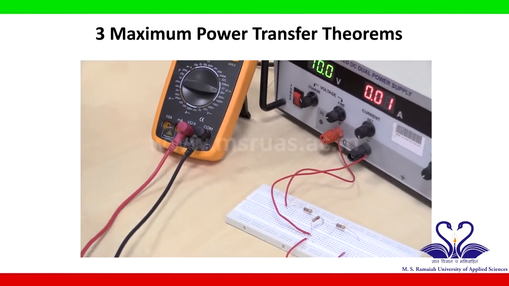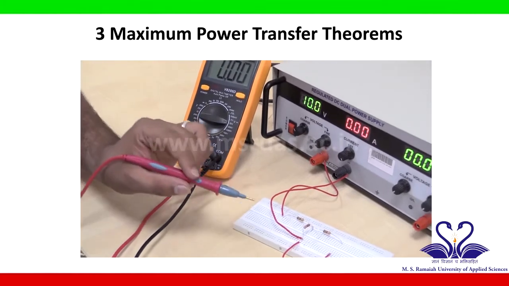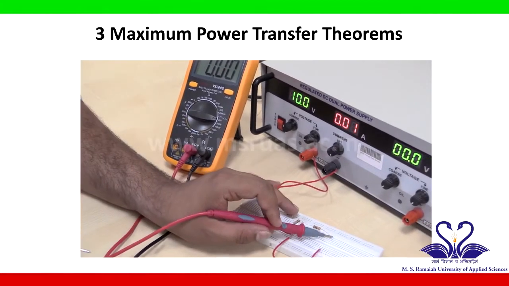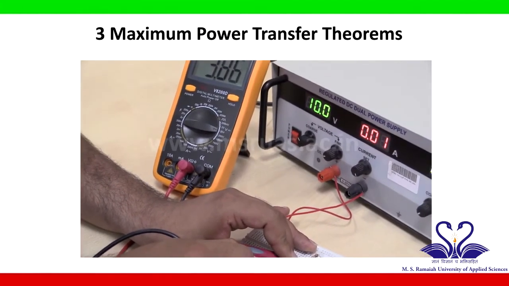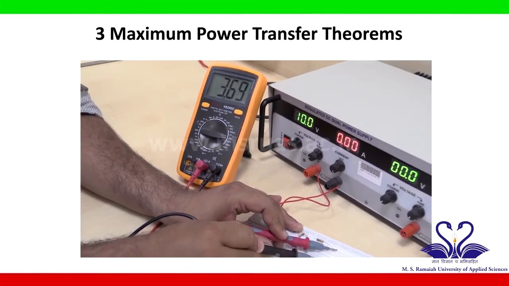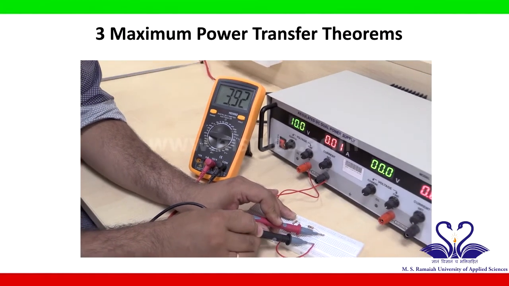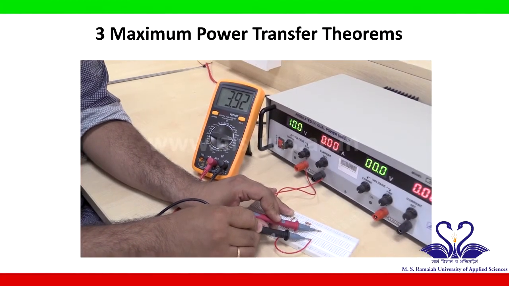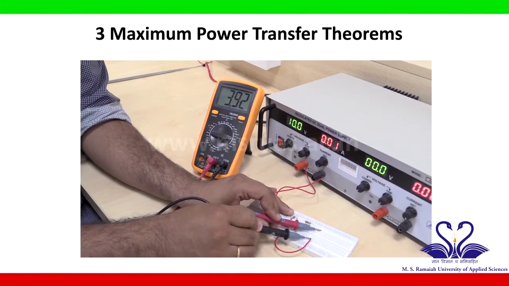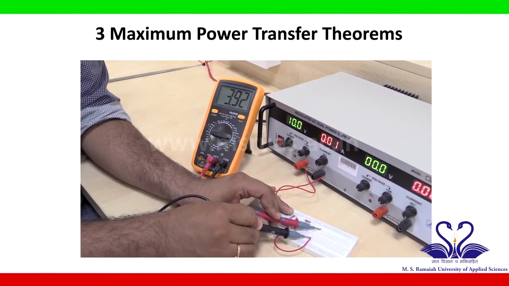Now we will measure open circuit voltage across load terminals. Thevenin's voltage, or open circuit voltage, is 3.92 volts.